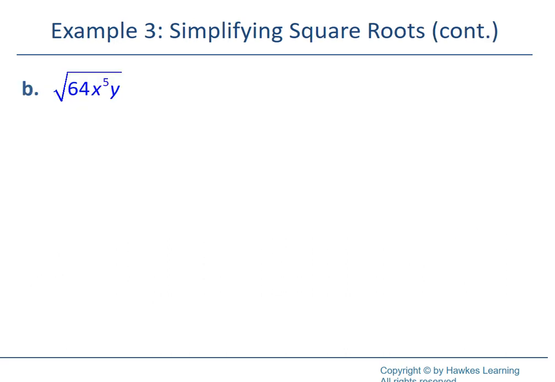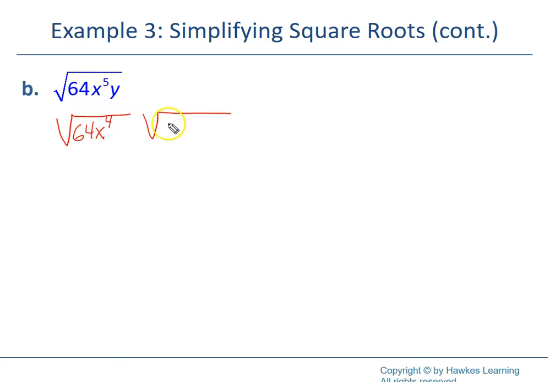Okay, now here's one where we don't have all perfect squares. So again, we're going to use that technique. Radical sign, radical sign. Now 64 is a perfect square. Now of x to the 5th, what would be the perfect square there? Well, any even power, so that's x to the 4th.